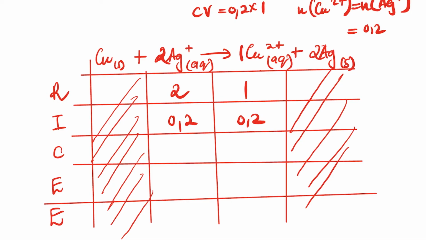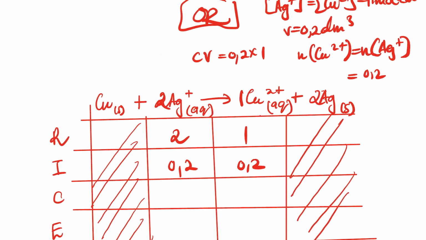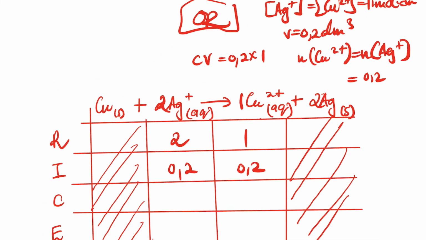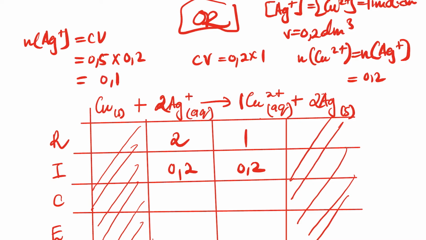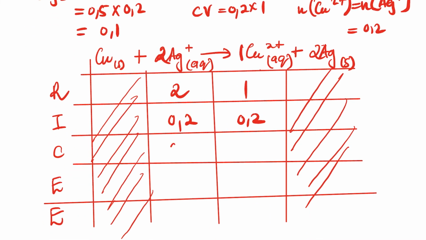And the change is the number of moles that reacted. For silver, we were given the concentration 0.5 times the volume 0.2, which is 0.1. So for silver it's 0.1.